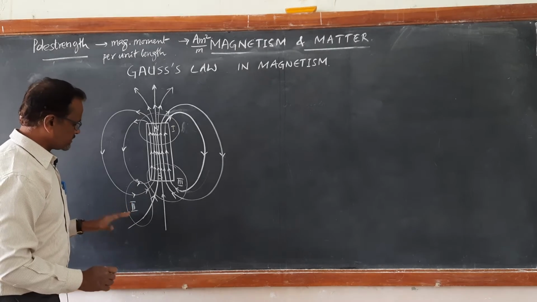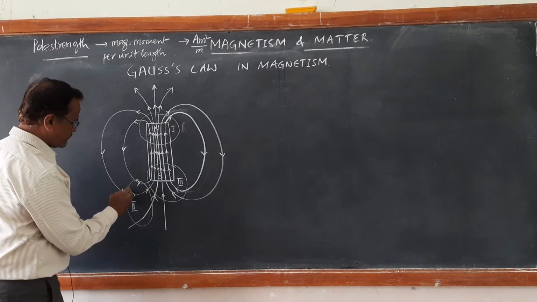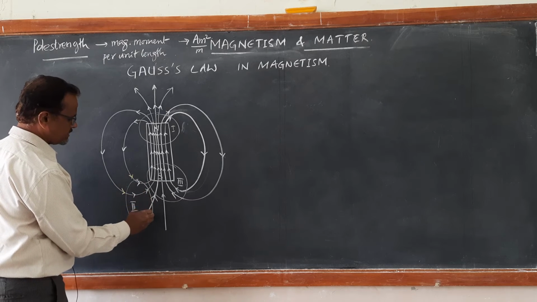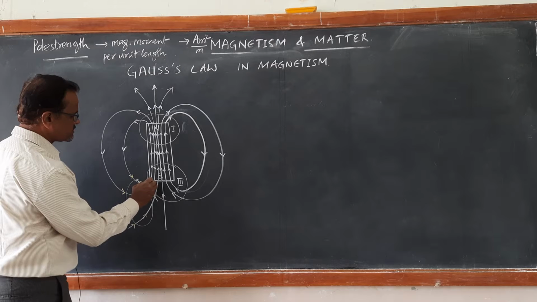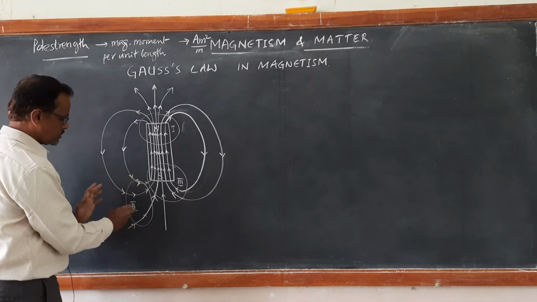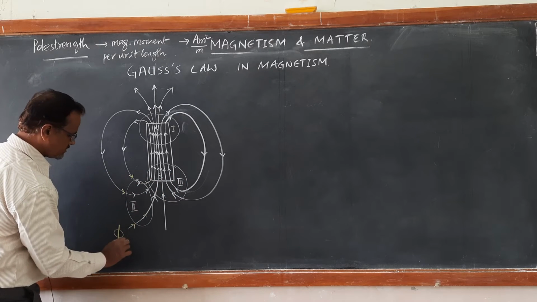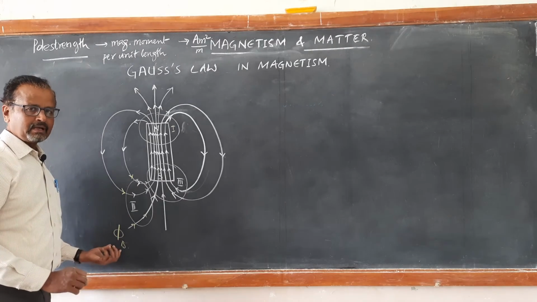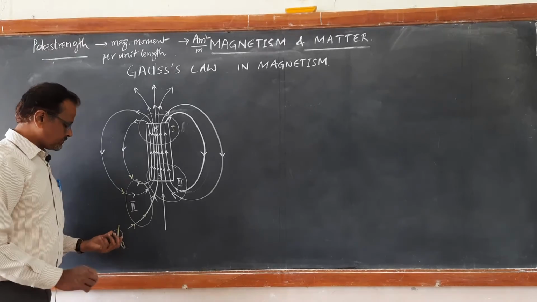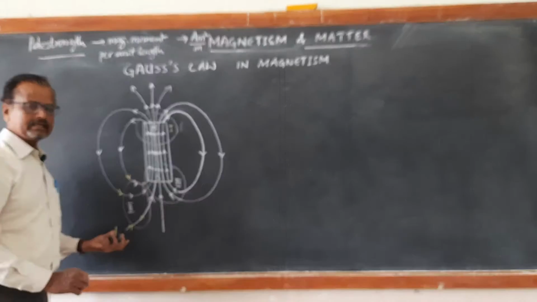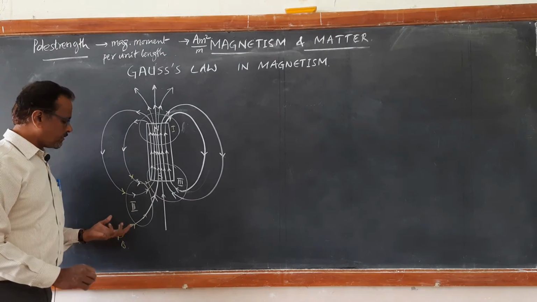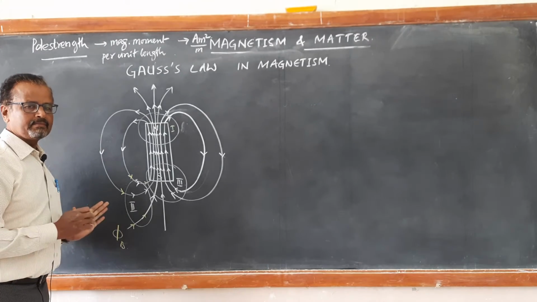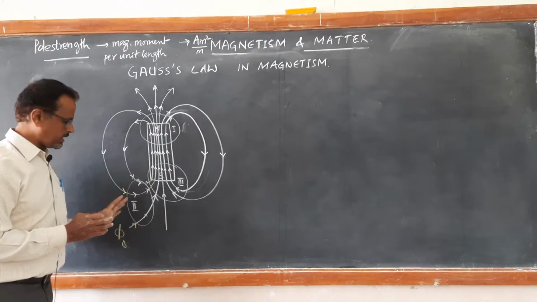Now let us look at this second region. The number of field lines entering is equal to the number of field lines emerging out. So the total flux, if you call it flux phi B, magnetic flux is nothing but the number of field lines perpendicular to the enclosed surface.